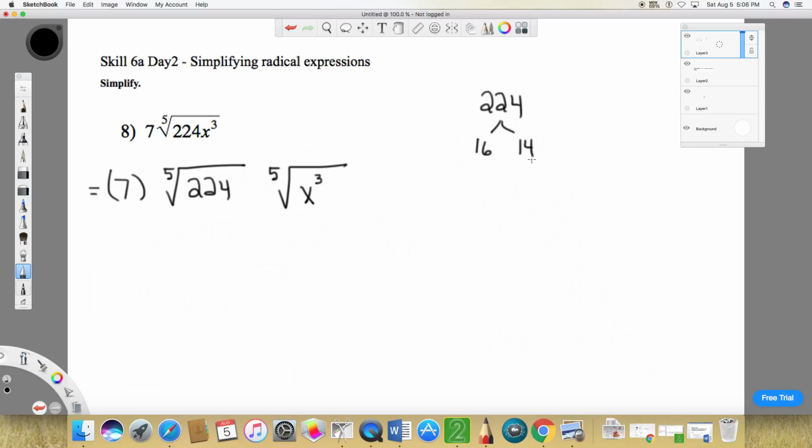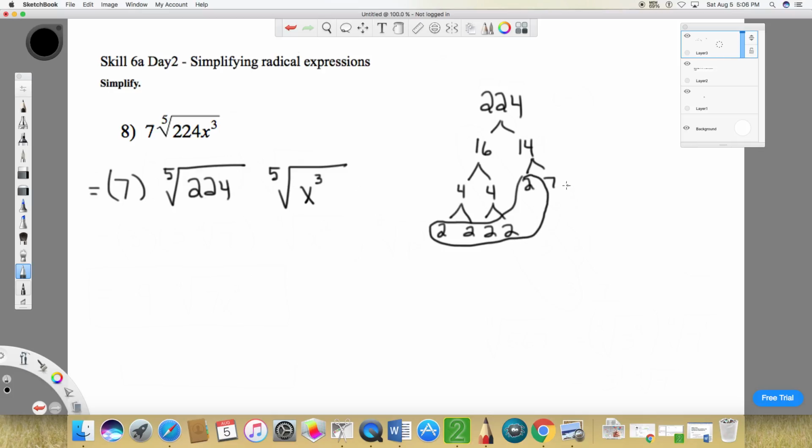And I know that 14 is 2 times 7. And I know that 16 is 4 times 4. And now I've got 2 times 2 times 2 times... Look here, we have found a group of 5.